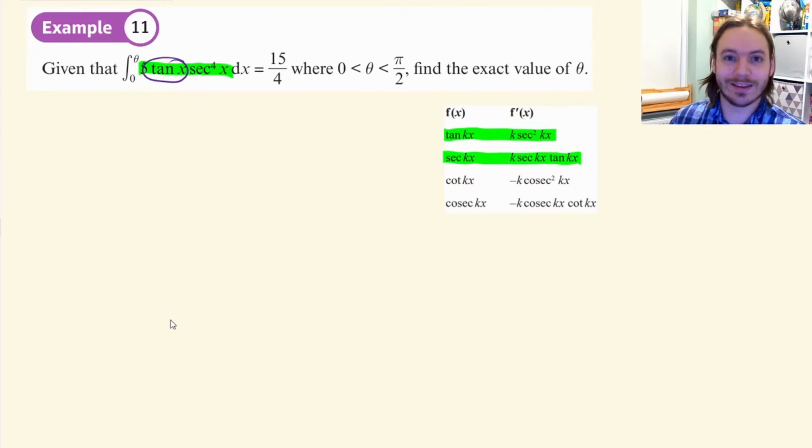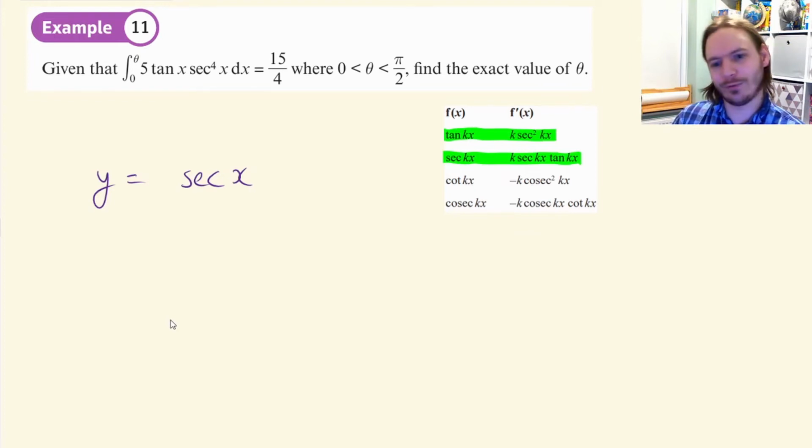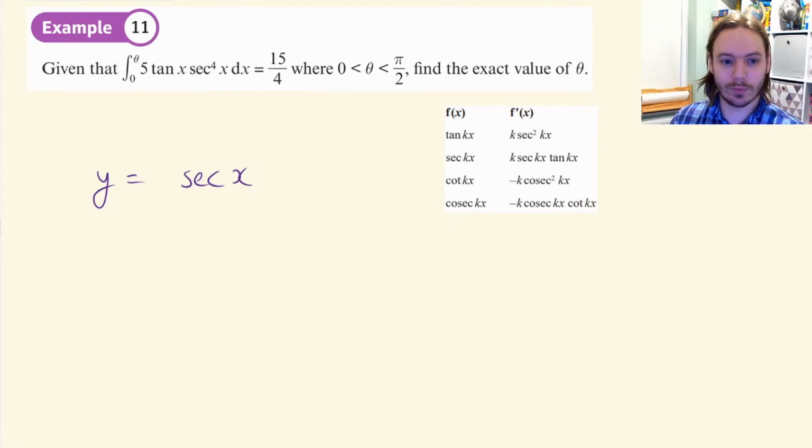There's no way I can differentiate tan on its own without a power and end up with sec to the power 4. However, if I say y equals sec x to a power, I can get sec to a power back out and then some tans in there. The question is what my power should be.